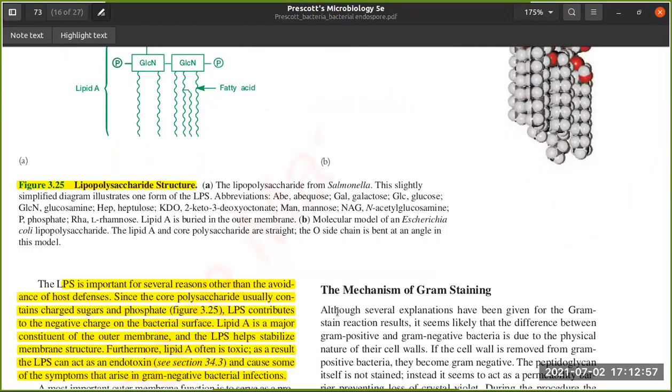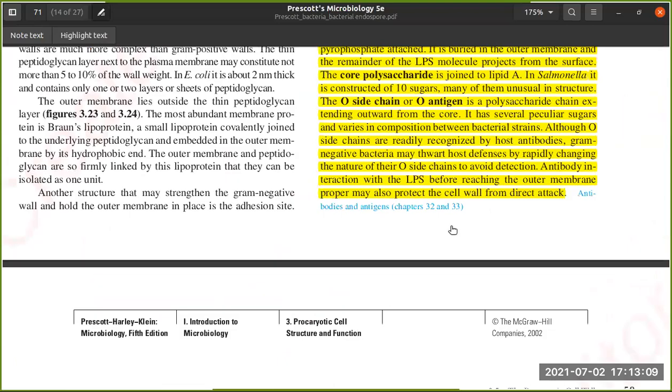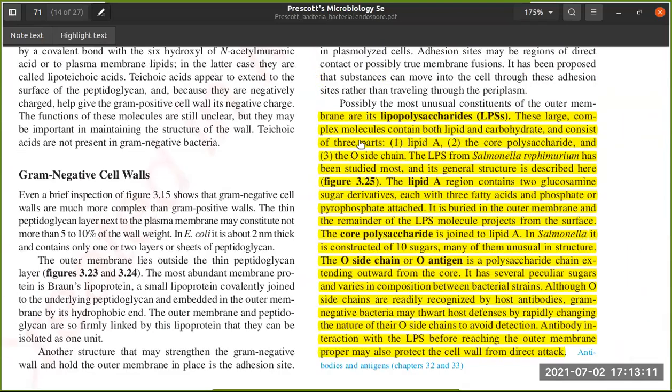So LPS is very important for several reasons other than avoidance of host defenses. You see, the most unusual constituents of the outer membrane are its lipopolysaccharides or LPS.